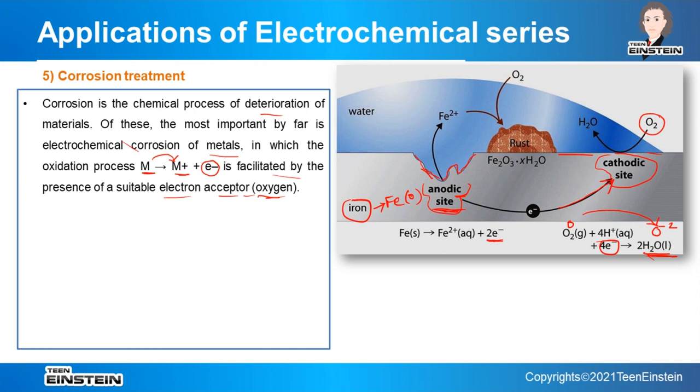So gradually iron will be converted to Fe2+, that is oxidized, that means corrosion is going on. Now this Fe2+, in presence of oxygen, can be converted to Fe2O3, where the oxidation state is +3. That is further oxidation of Fe2+ to Fe3+, and this with some molecules of water is known as rust.